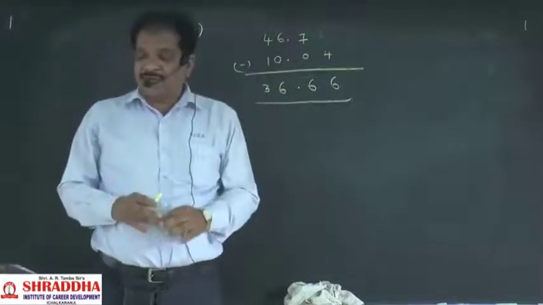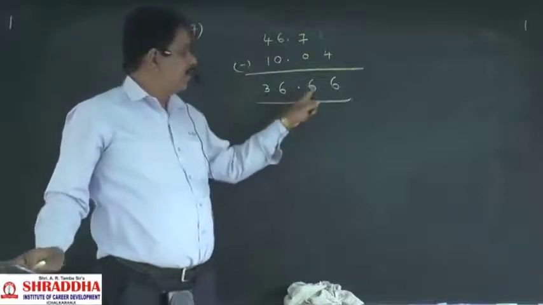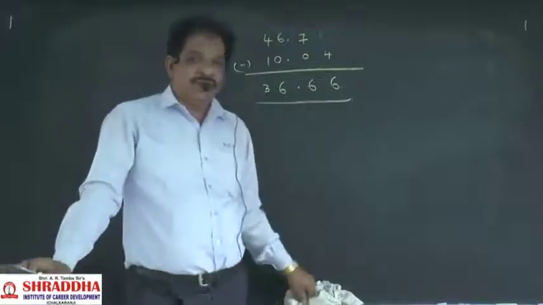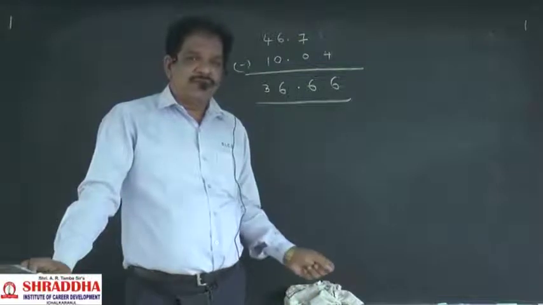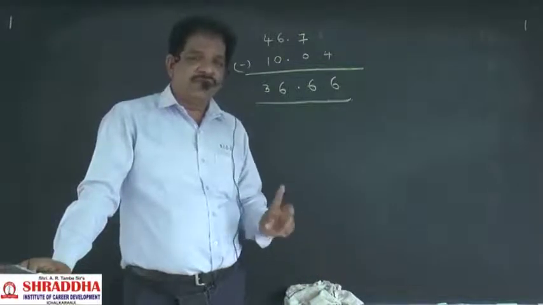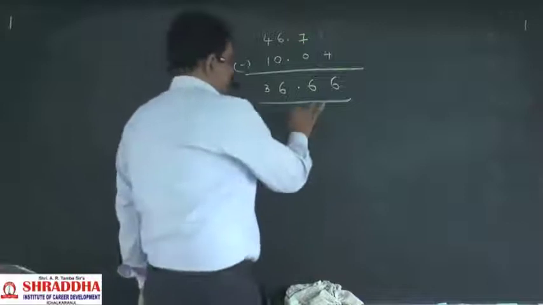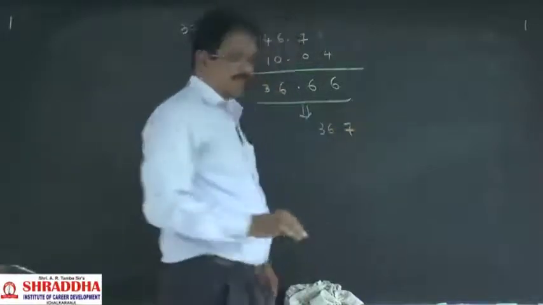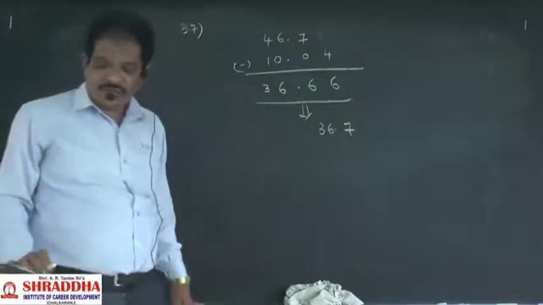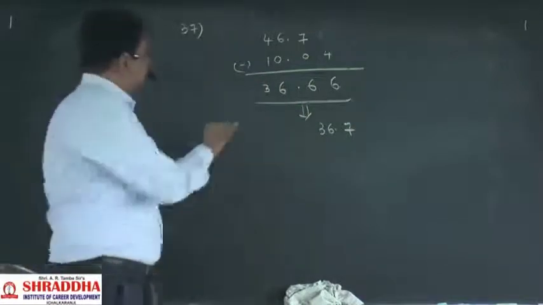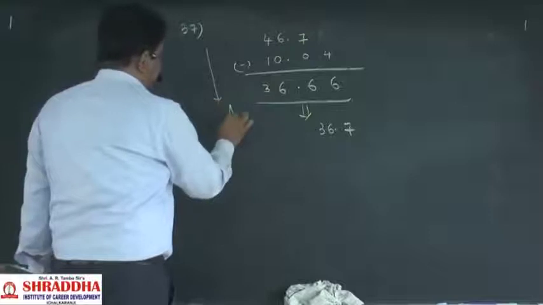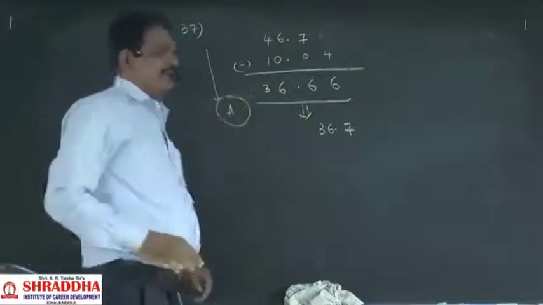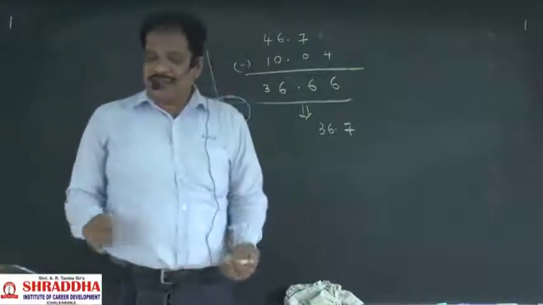It will have 2 places after the decimal point. Round the answer to have 1 place after the decimal point. So it will become 36.7. Okay, so 37 will be clear. Next, 38.